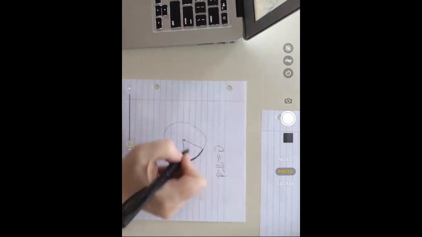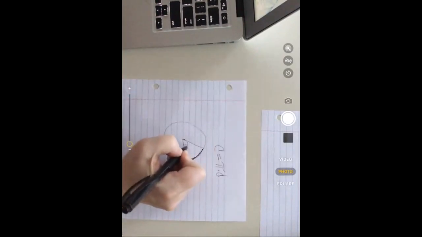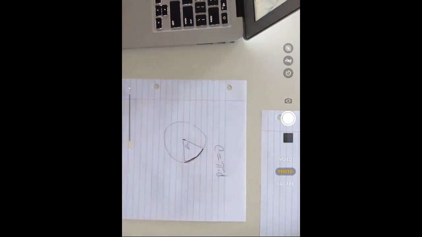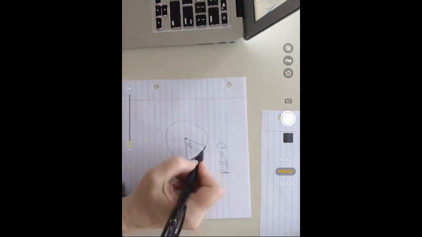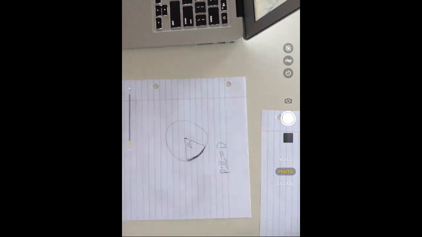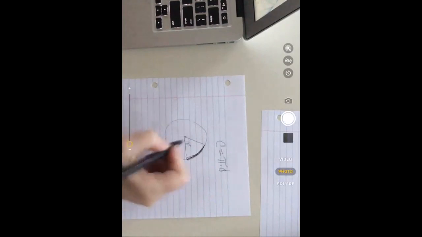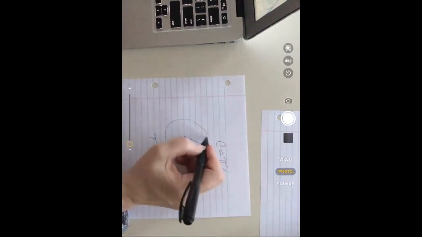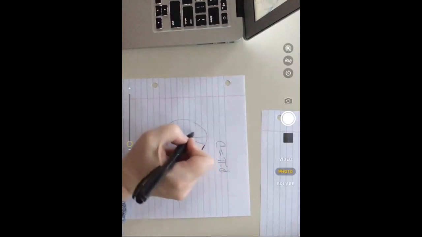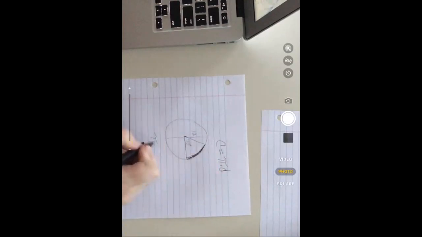If it's 70 degrees, I can find this by making a simple ratio. The whole circle is pi times the diameter. Let's say the diameter of this circle is 12. So the whole circle is pi times 12.